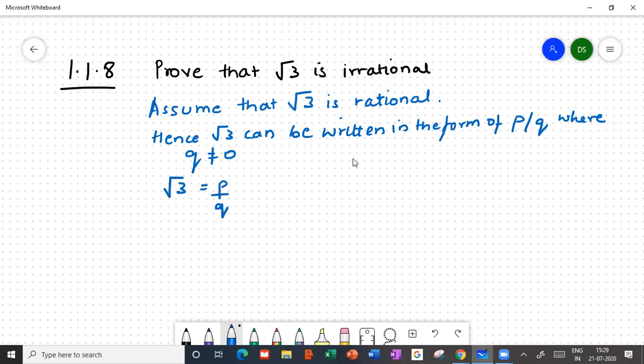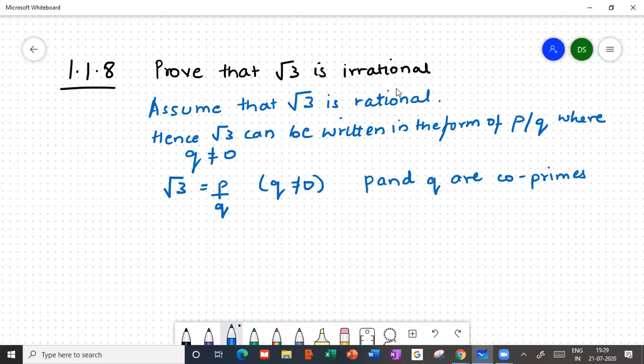And we are also going to consider another factor here. Q is not equal to 0, we are aware of that. But we are also going to say that P and Q are co-primes. So what are co-primes? Anybody?